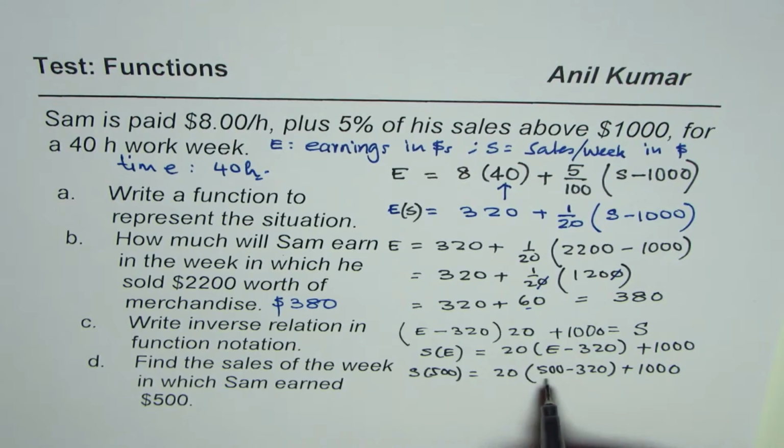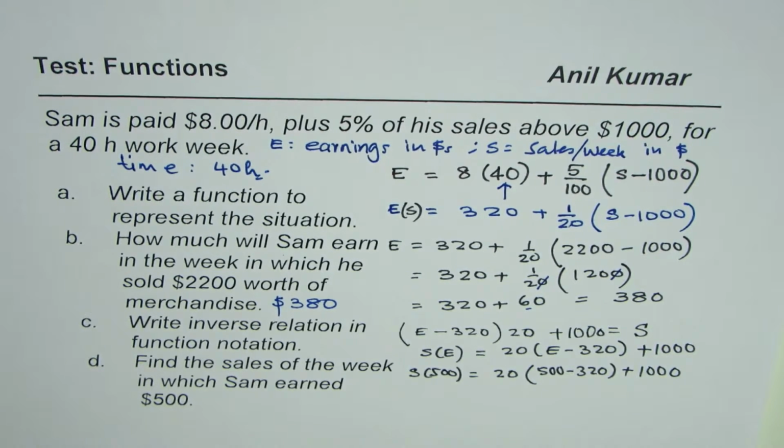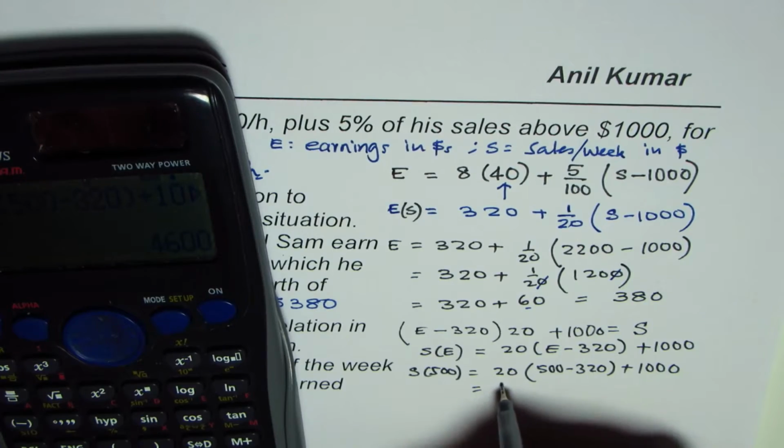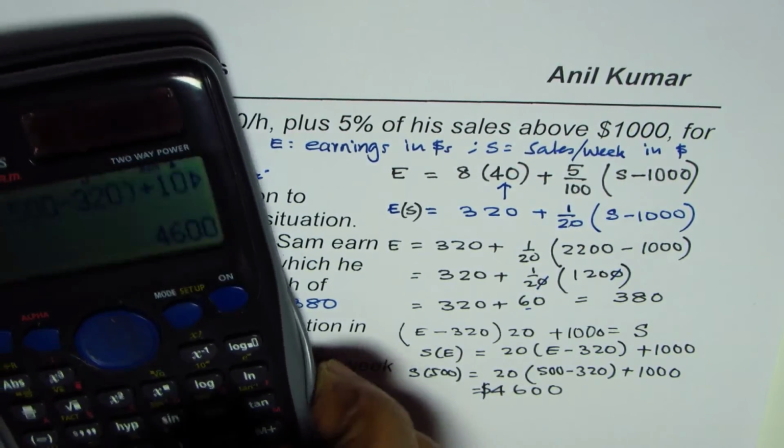You could use a calculator: 20 times, within brackets, 500 minus 320, bracket close, plus 1,000 equals $4,600. The units are dollars.